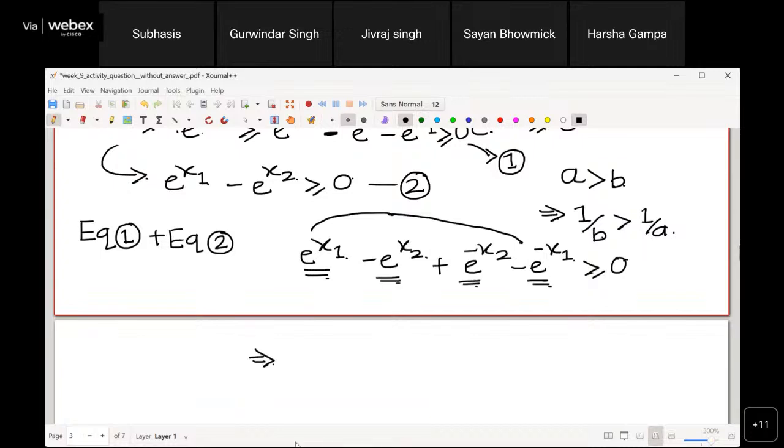So e power x1 minus e power minus x1 is greater than or equal to e power x2 minus e power minus x2.